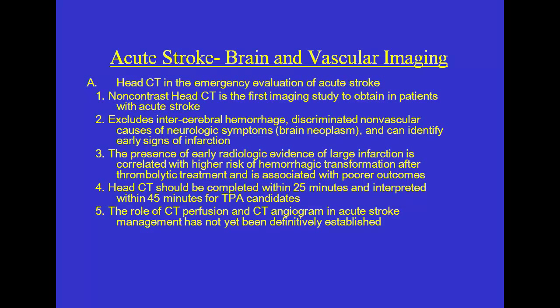I haven't used the CT perfusion at all. CT angiograms are useful, however. Sometimes, if you're really not sure whether a patient has had a stroke, you can do a CT angiogram and it's almost like a quick diffusion weighted image, because you can see where there's an occlusion of the MCA or whatever.